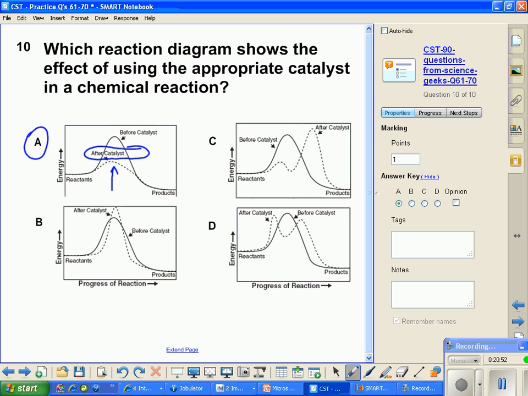That's what the dotted line is. Before the catalyst, it takes a bunch more energy, almost 3 times as much in this particular reaction, to get that thing heated up enough to get it started. Once it starts, the downhill slope is the reaction creating more energy, and that, of course, keeps that reaction going.